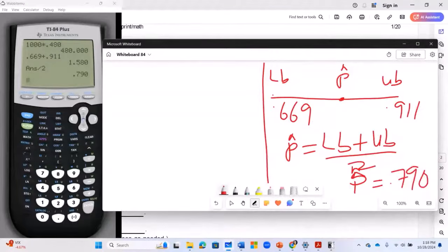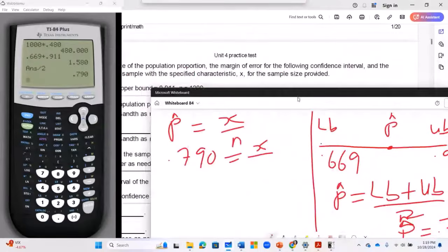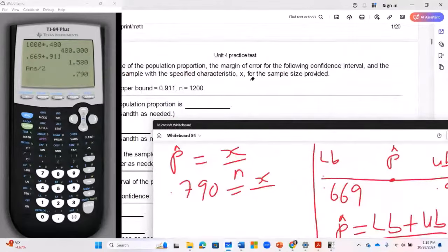It's a probability. Okay, so p hat is always equal to x over n. So I am given 0.790 is equal to x over n. I might not know what x is yet, but at the end of the day, I will. So I am just going to go back. What are they asking me to find?